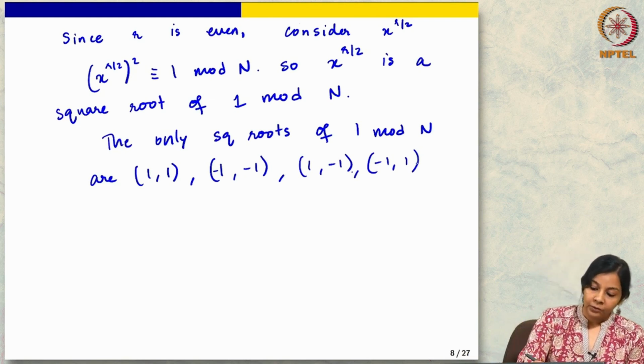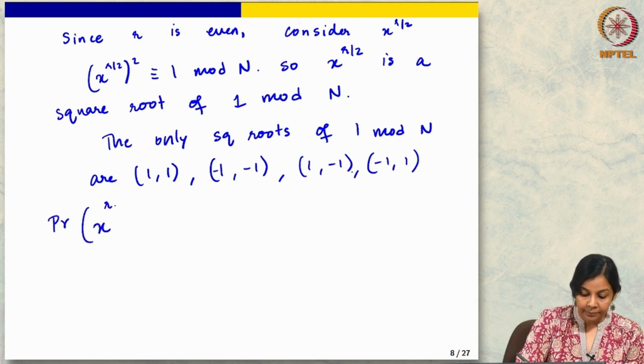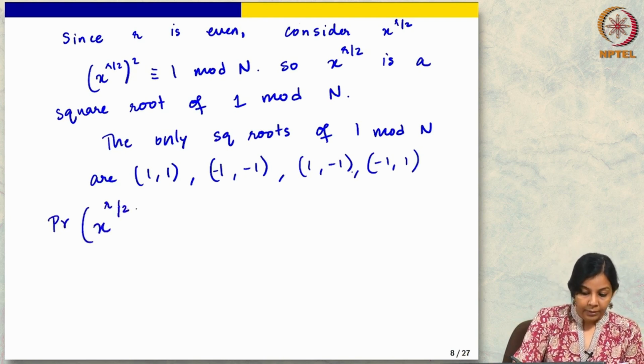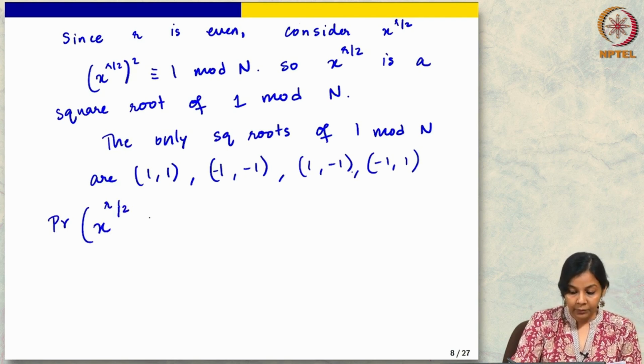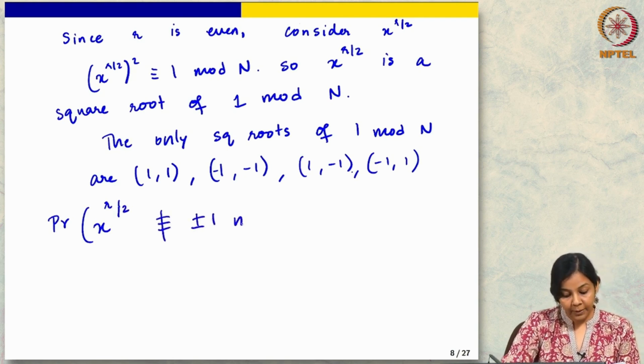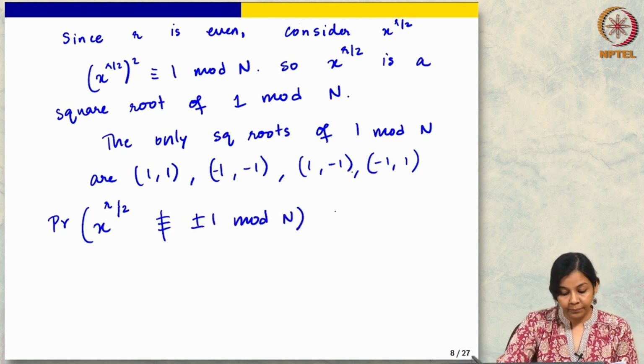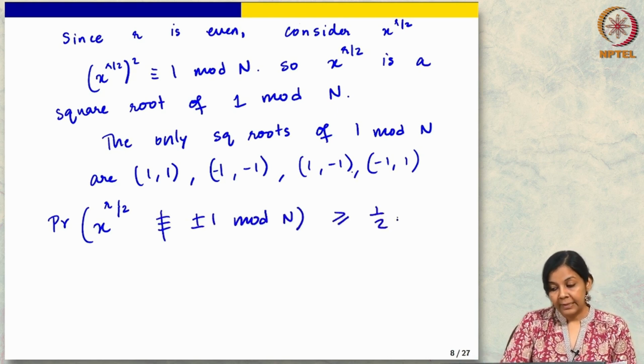So the probability that x to the r by 2 is not congruent to plus or minus 1 mod n is at least a half.